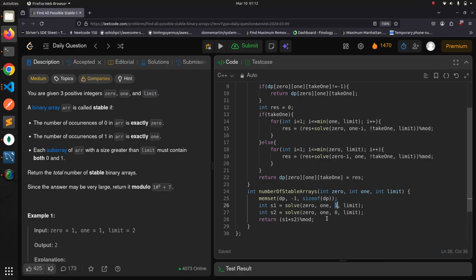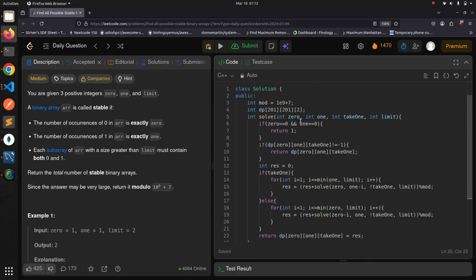And similarly for this recursive call we will say that the current character will be 0. The solve function will take four parameters: the number of zeros we can have in the string, the number of ones we can have in the string, this take 1, whether we take 0 or not, and the limit.